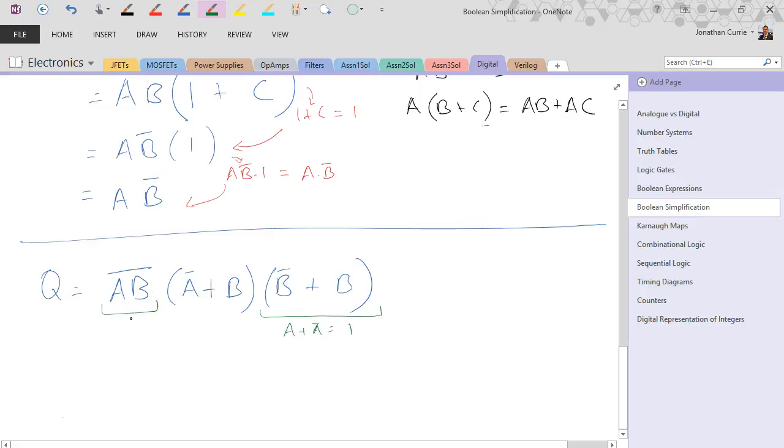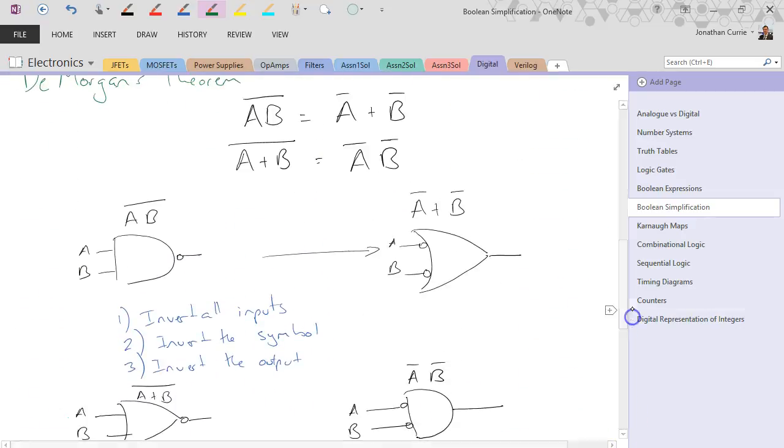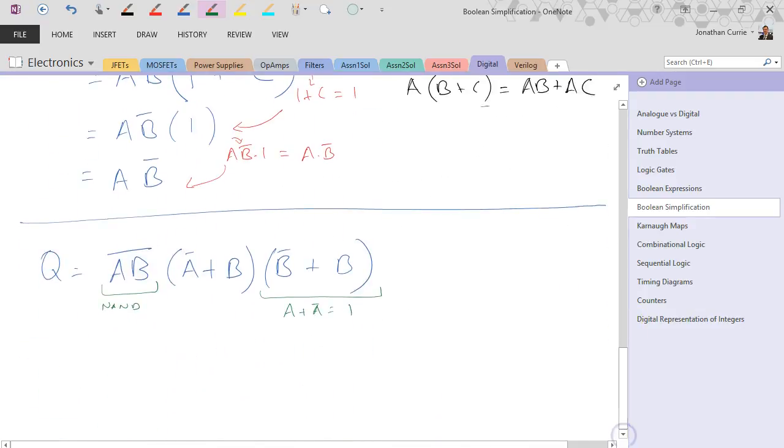And we've got a NAND gate here. So we can use De Morgan's rule to modify that from NAND into this OR gate with inverting inputs. That makes it a little bit easier to work with because we've only got single variables then. So applying just the AND rule, we end up with this expression.